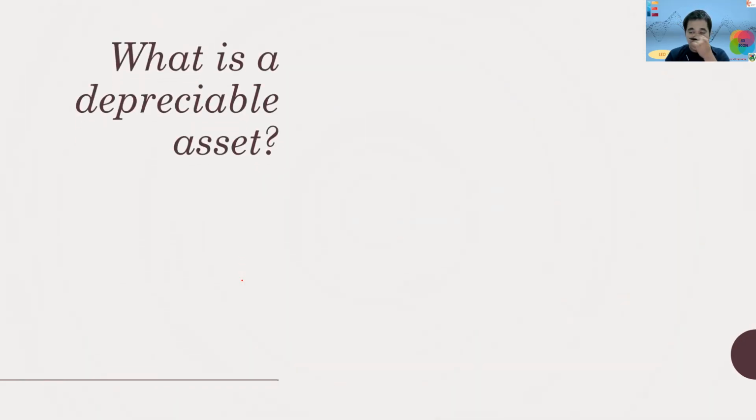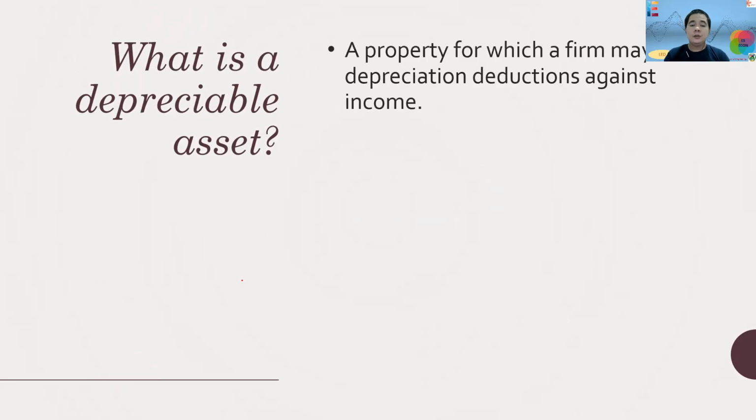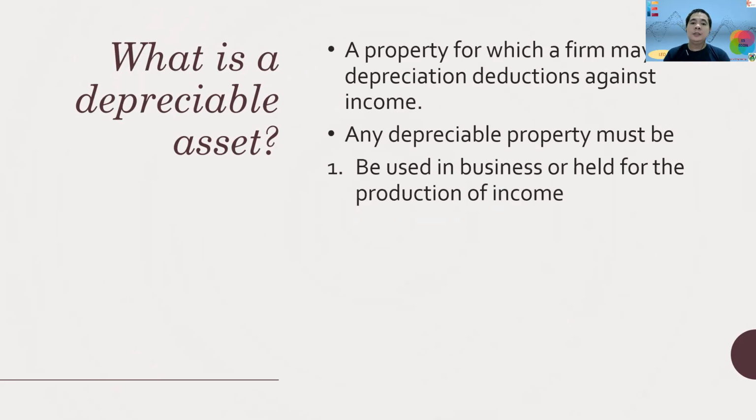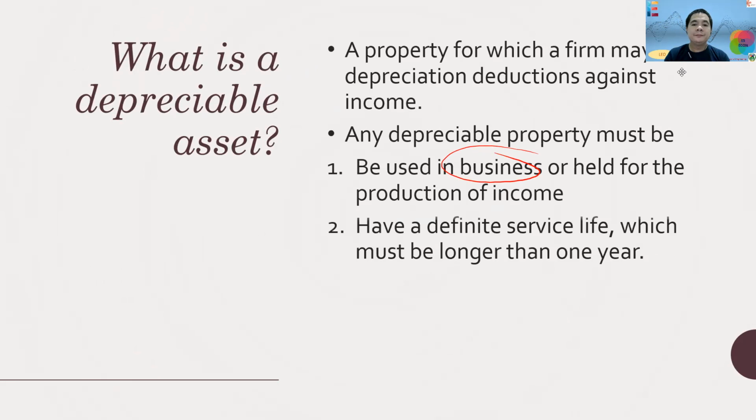So what are depreciable assets? In other terms, it is a property for which a firm may take depreciation deductions against income. Any depreciable property must, number 1, be used in the business or held for the production of income, and number 2, have a definite service life which must be longer than 1 year.